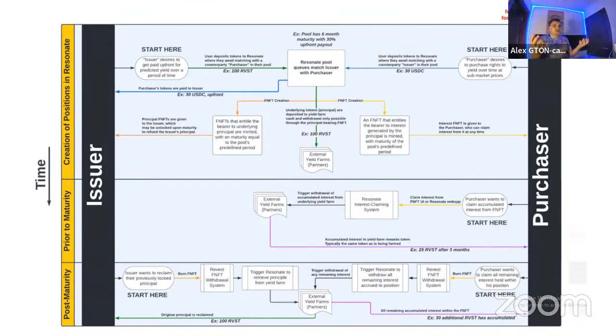This is how it works. You have a match, you have a purchaser, you have an issuer. In the end, the issuer takes back their own 100 tokens, which is the principal, and before that they get 30 USDC. The purchaser has the opportunity to buy the future yield in the beginning for a fixed price.